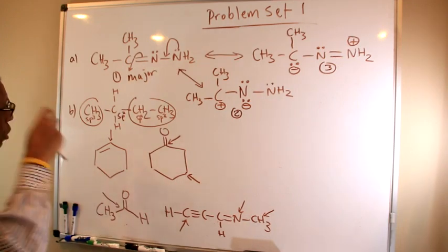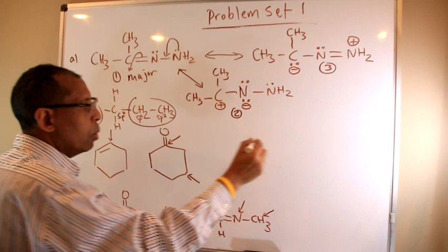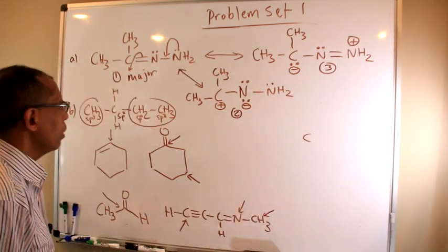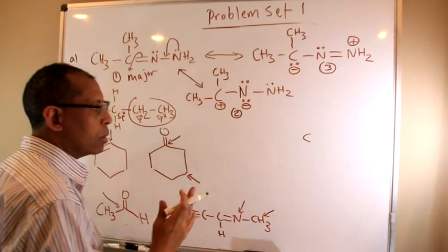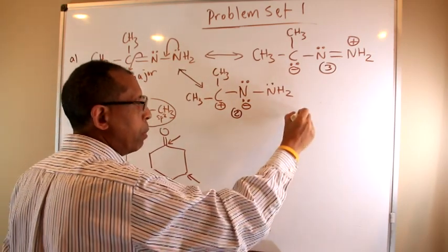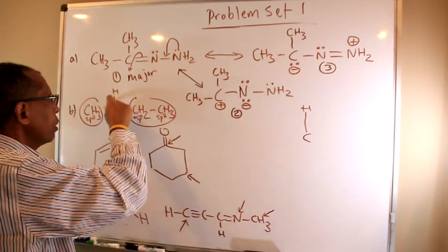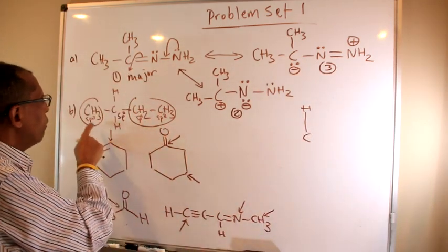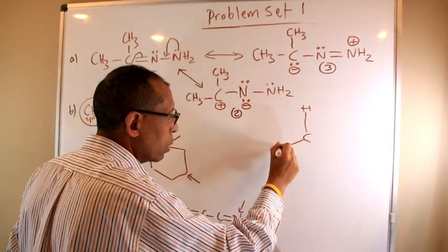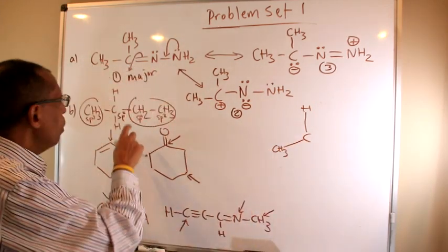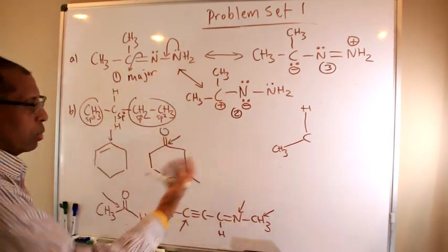If I were to draw a tetrahedral geometry for this carbon, it would look like that carbon in the middle. Remember, there are 2 atoms, 2 groups that should be on the plane of the board. If I put this hydrogen on the plane of the board, and the methyl group on the board, also CH3, then this group and that hydrogen would be in and out.